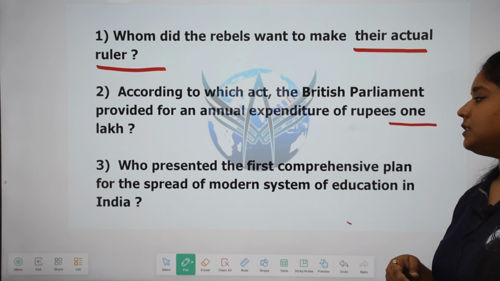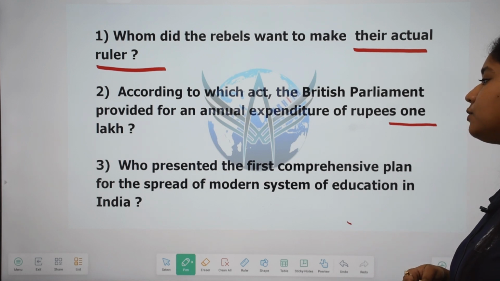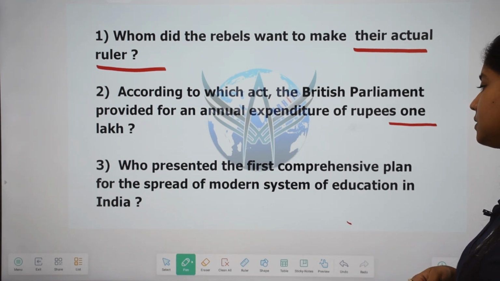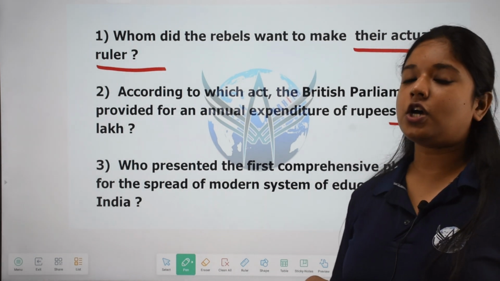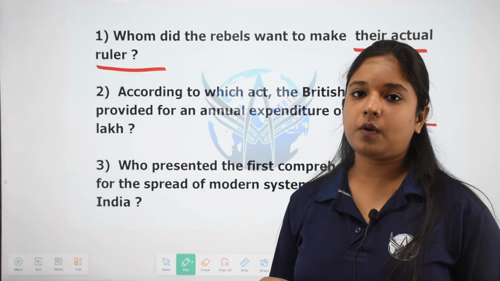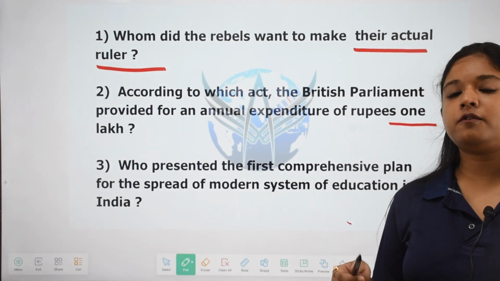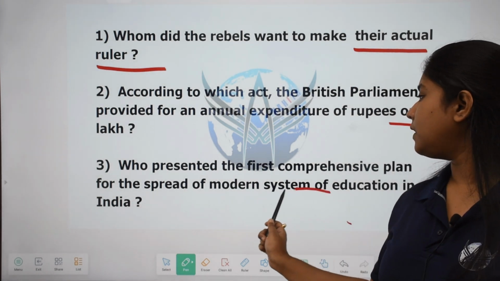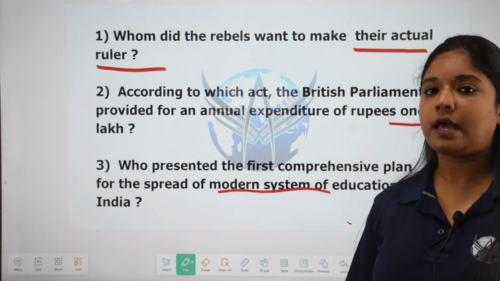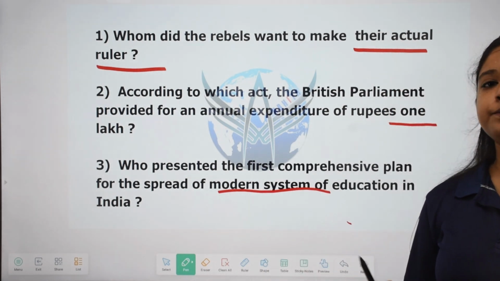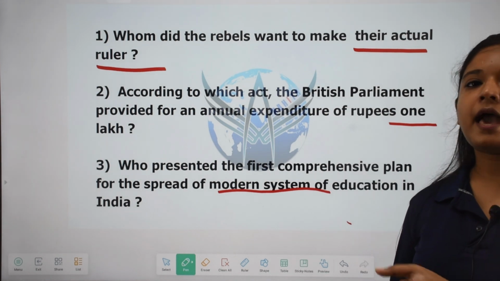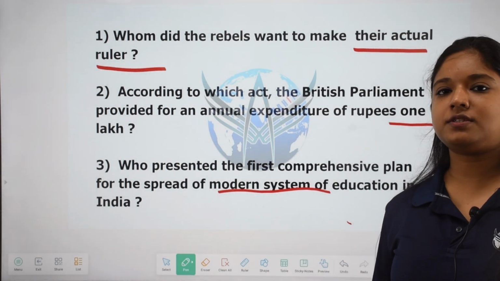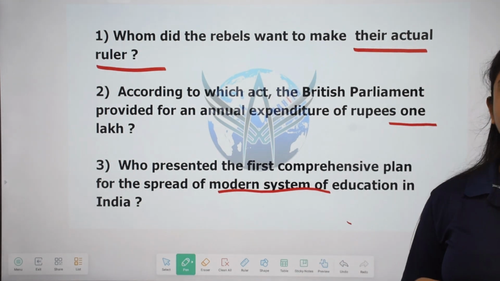Next, who presented the first comprehensive plan for the spread of modern system of education in India? Sir Charles Wood. Sir Charles Wood koisile ki ami itia a comprehensive plan introduce koribo lagibo, modern system of education introduce koribo lagibo India. So e je 10+2, class 10, then ami higher secondary pohu, right? Then college at jao. A system to Sir Charles Wood introduce korisil.